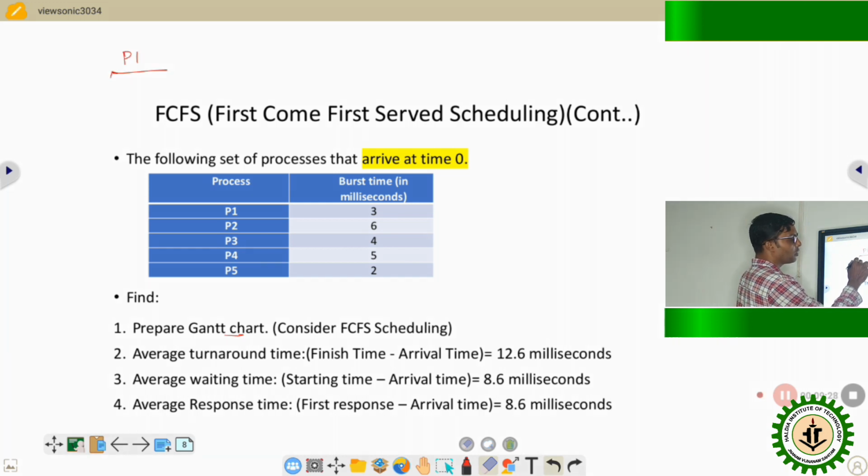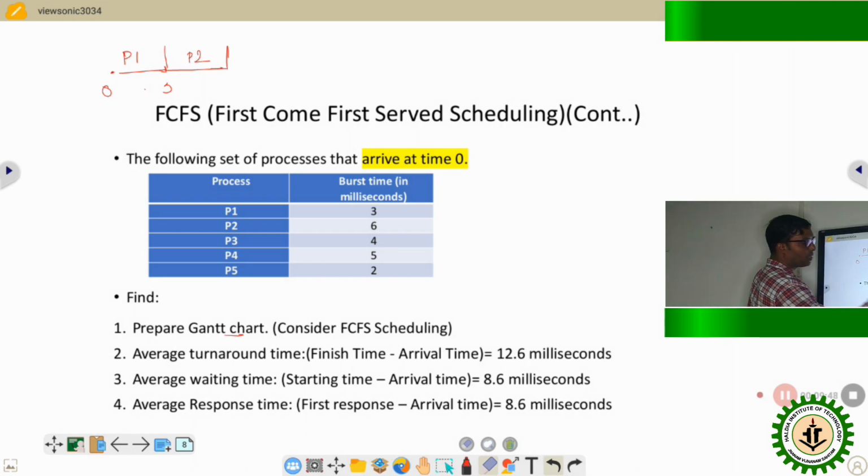Process P1 arrived at time 0, so P1 execution starts here. It will last up to 3. So 3 is the total span of process P1. Then process P2. The process P2 burst time is 6, so it is 9.